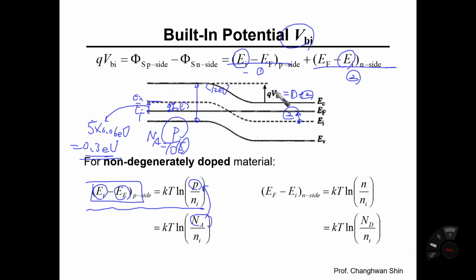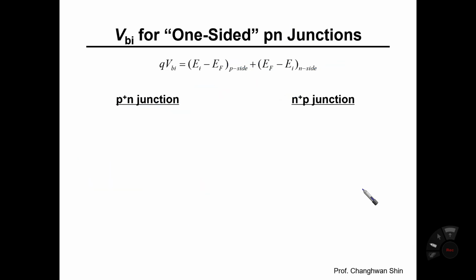Okay, so I guess one more thing that I want to teach you is built-in potential for a one-sided p-n junction. Why a one-sided p-n junction is significant and why we should understand it is, as I have told you, that in a MOS device, the source drain side is heavily doped, but the body side is lightly doped.